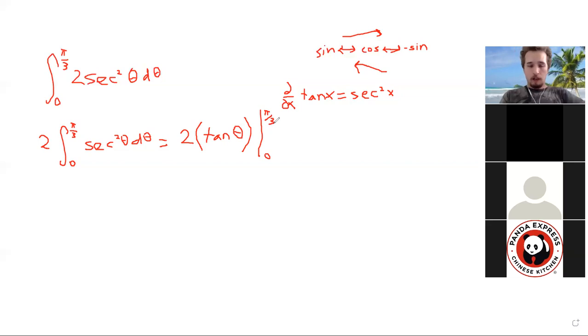Okay, so does anyone know how many degrees pi over 3 is? If you want to convert pi over 3 to degrees, how many degrees would that be? 60? Do we agree? If it's on the unit circle, yes.